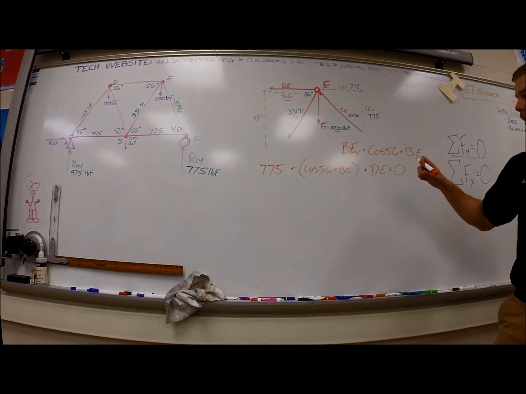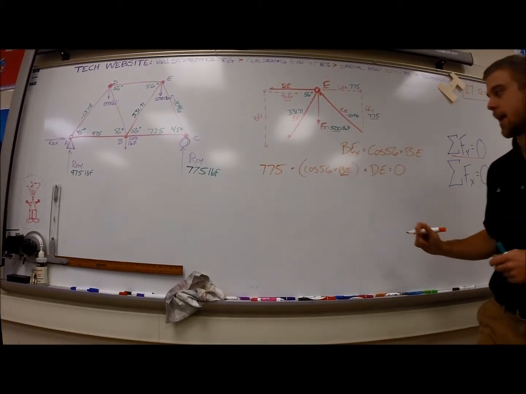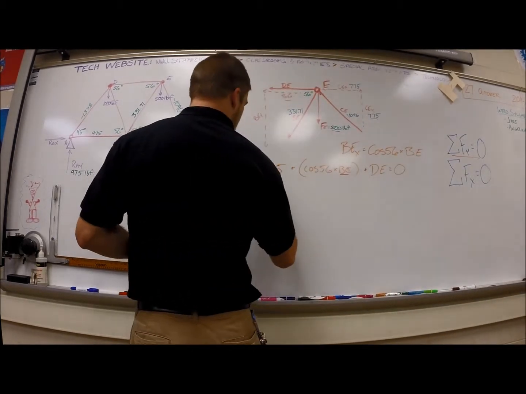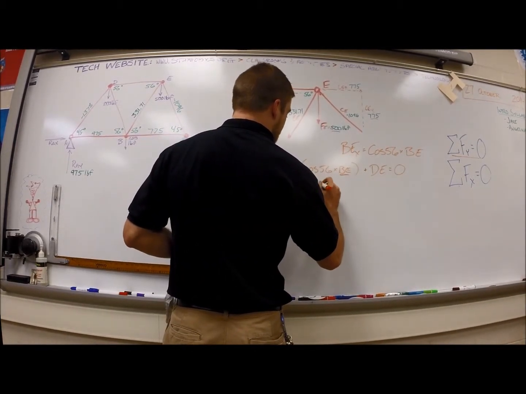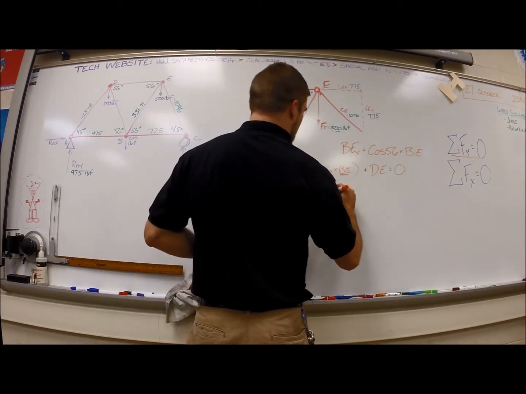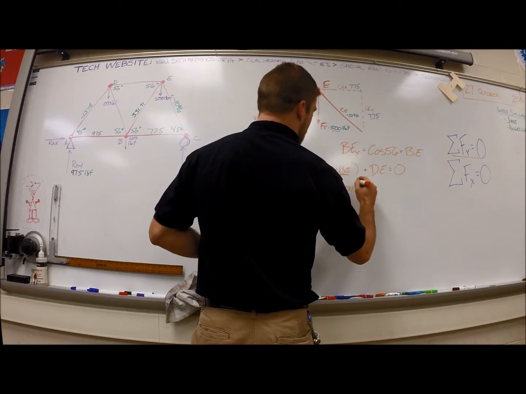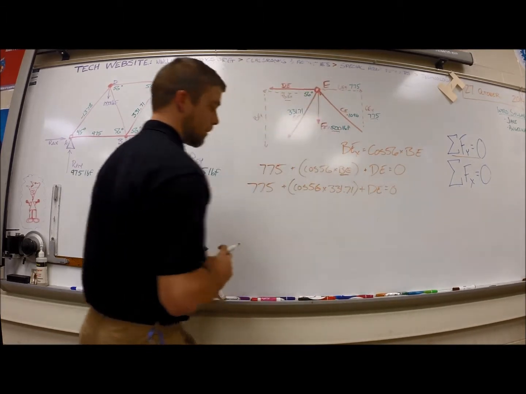So I know BE now. I can substitute that. We have 775 plus cosine of 56 times 331.71 plus DE equals 0.